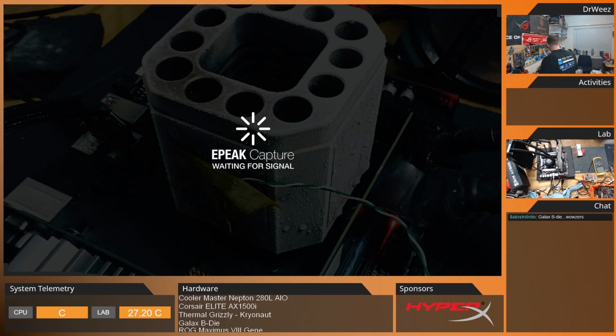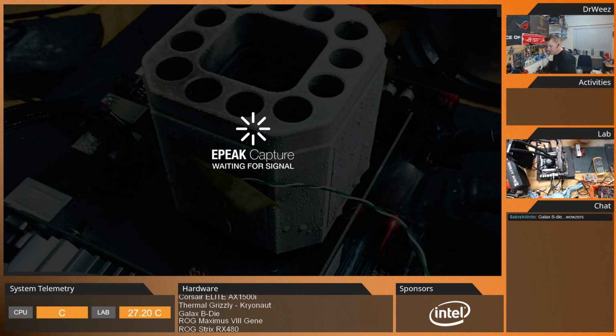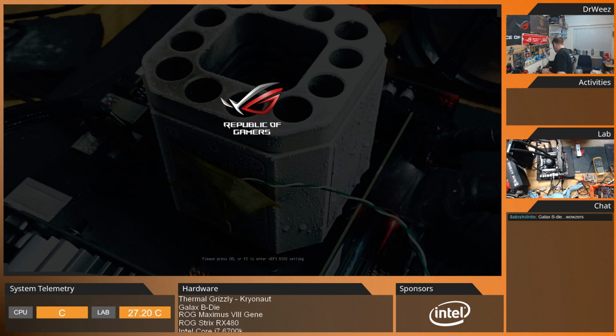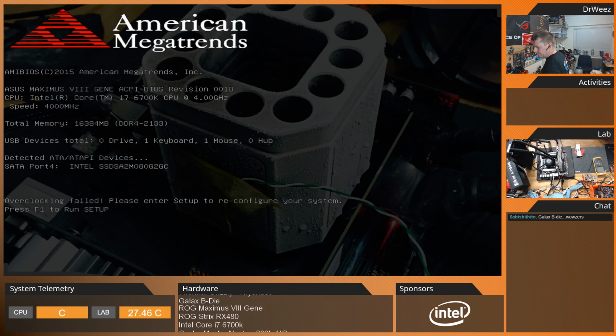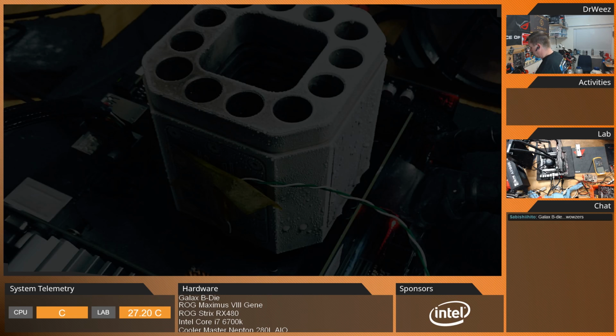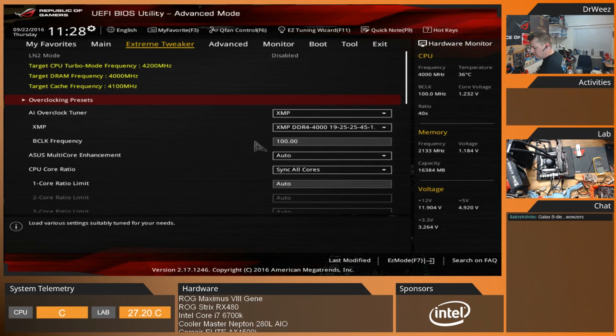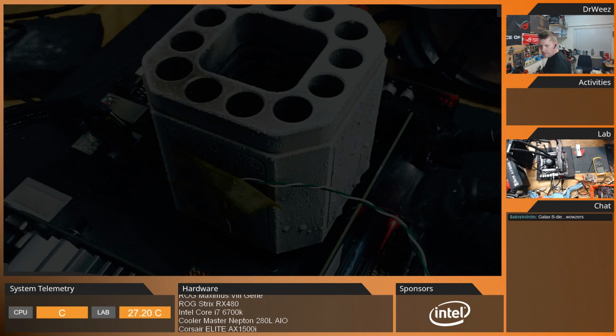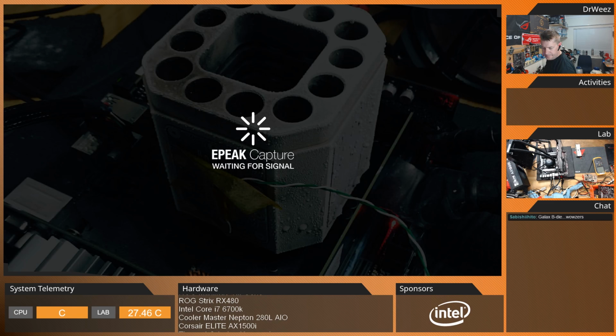So what I've just done is I've just put a different set of memory in just to see if it is a set of memory or if it is the IMC that's not running those settings. So we'll just do the same thing, just F10 to restart.